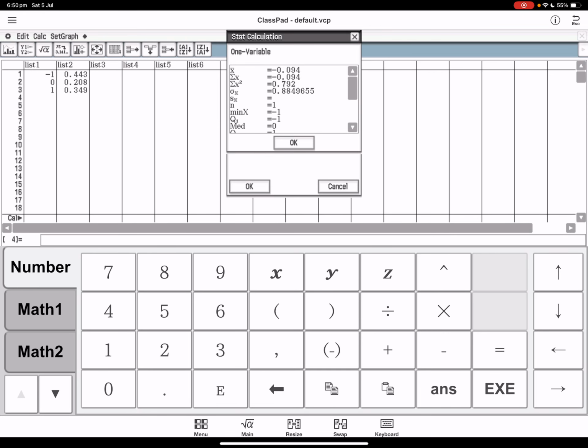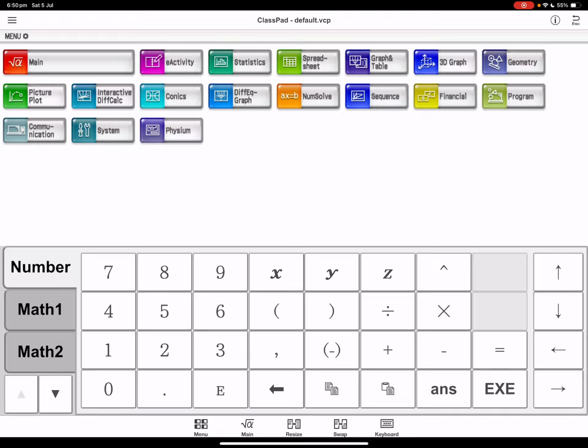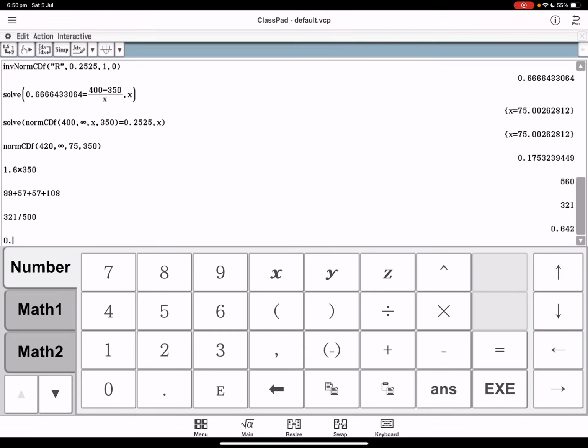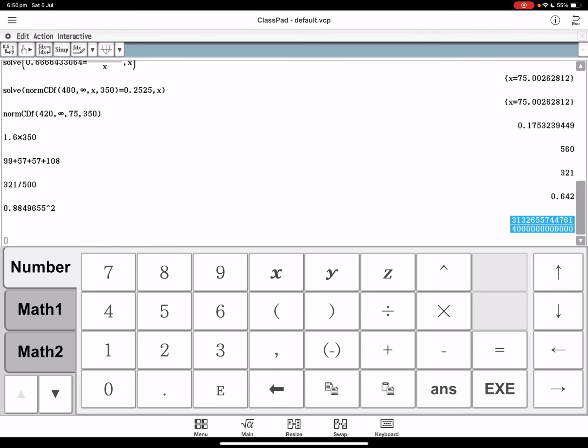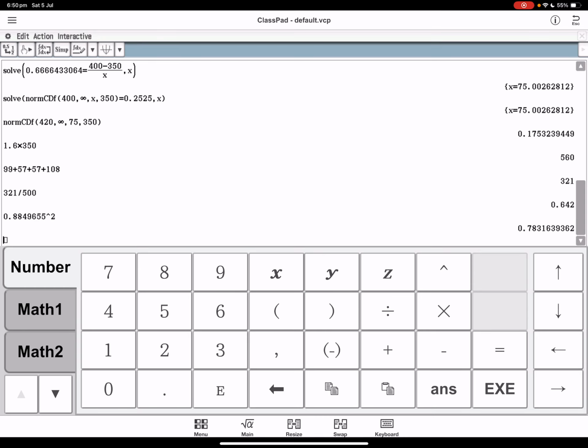You get the mean of -0.094, and the standard deviation of 0.8849655. Square that, and that gives you the variance we had earlier of 0.783. So that's if you wanted to use your ClassPad to do the question.